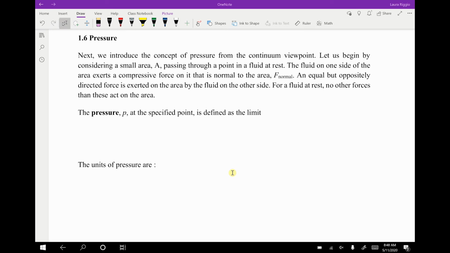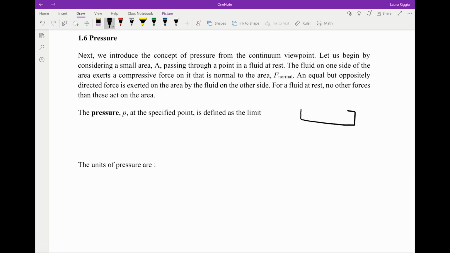So if I have my area A and it's at rest, I have normal forces equal and opposite on my sides.